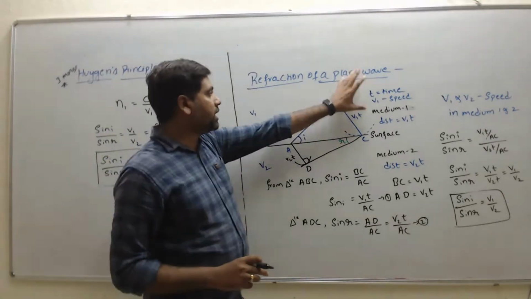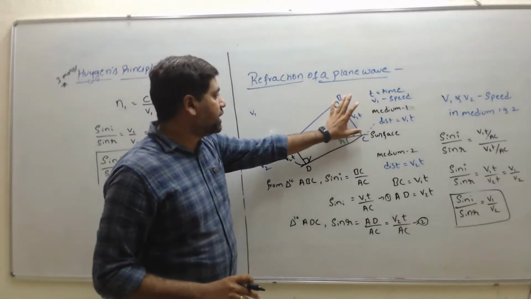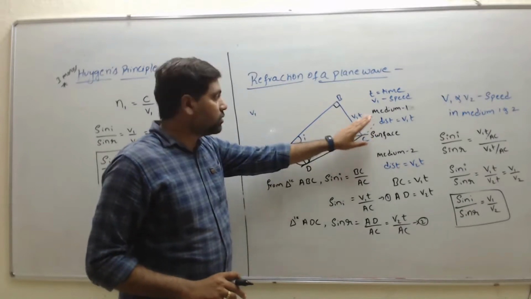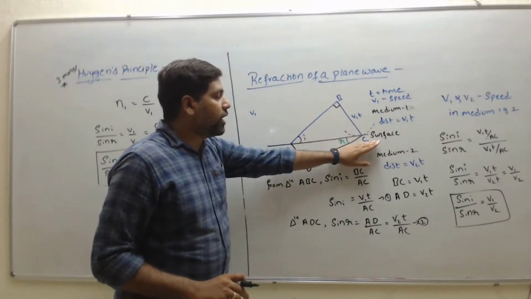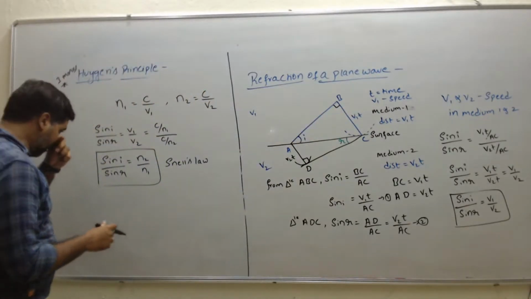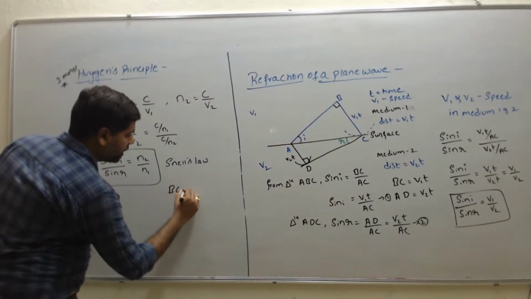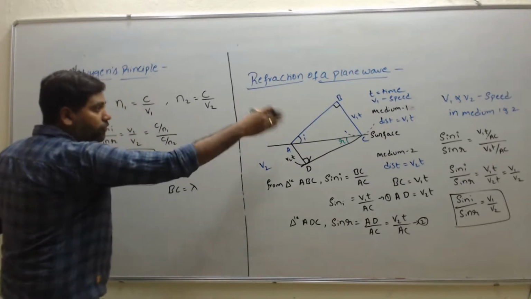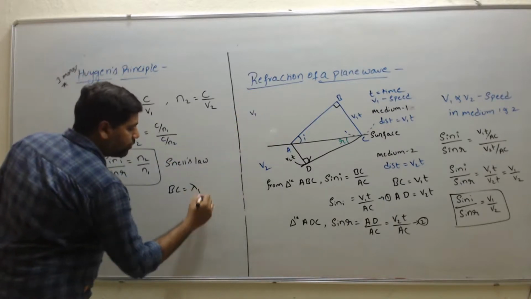So here we are studying the wave, then BC becomes the wavelength. BC becomes the wavelength in medium 1, that is lambda 1. BC is equal to the length of BC, that is lambda 1.